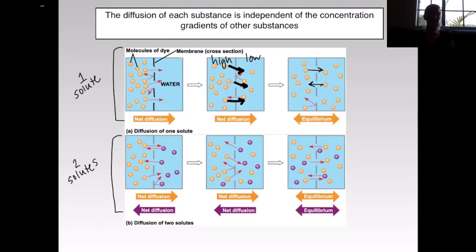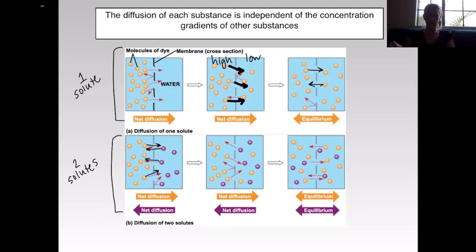If we look down here at the second example, here we have two solutes, right? One on each side. So if we look only at one first, we're going to look only at the orange balls. If we look at the orange balls, they're going to go down their concentration gradient from an area of high to low. At the same time, the purple balls are going to be going down their concentration gradient from an area of high to low.